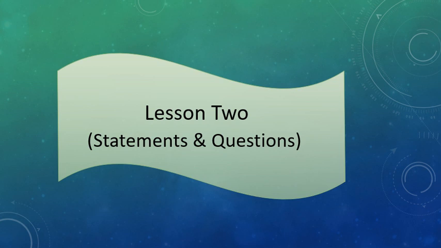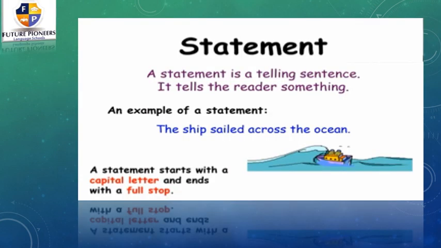What is a statement? A statement is a telling sentence. It tells the reader something. Let's see the example. The ship sailed across the ocean. So, a statement starts with a capital letter and it ends with a full stop.